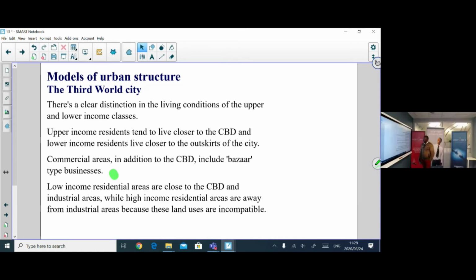Commercial areas, in addition to the CBD, include bazaar type businesses. Low income residential areas are close to the CBD and industrial areas, while high income residential areas are away from industrial areas because these land uses are incompatible.